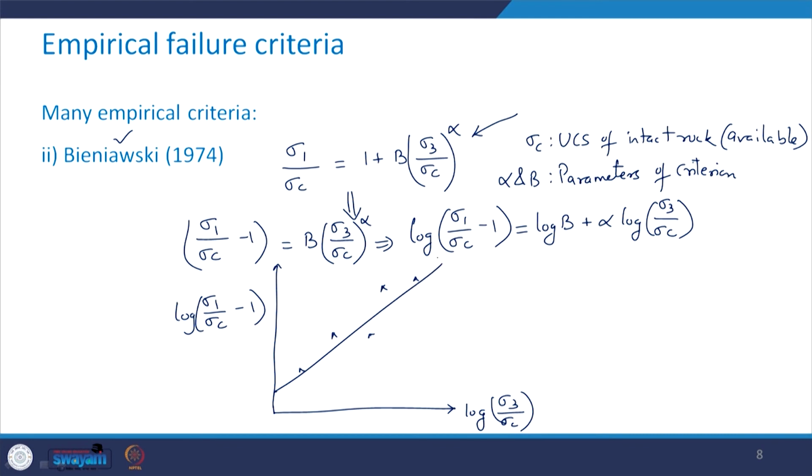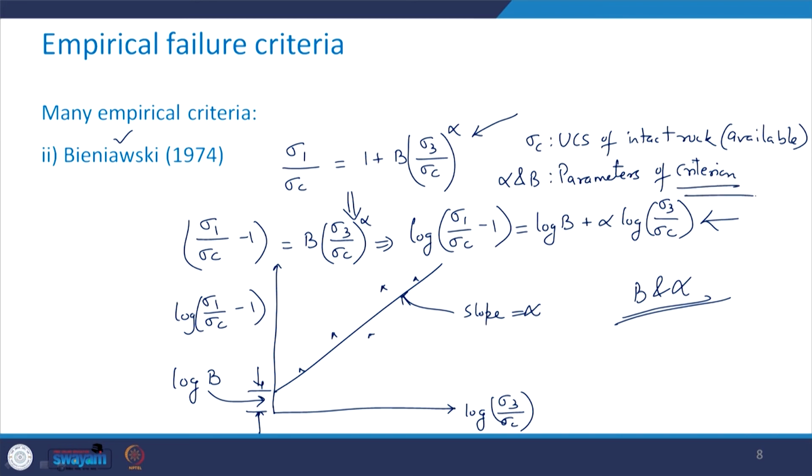You just try to fit a curve to this, whatever is this intercept, that will give me the log b, and slope of this straight line is going to give me alpha. So once I know this b and alpha for the best fit line for this expression, this is going to give me the parameters for the criterion. Substitute it here and you will get the empirical criteria.